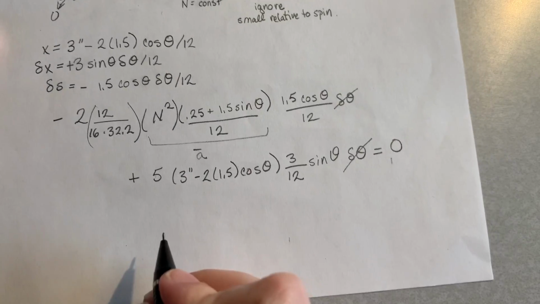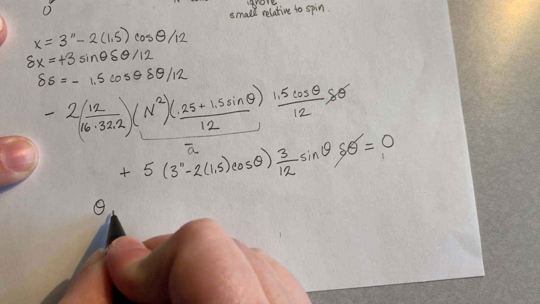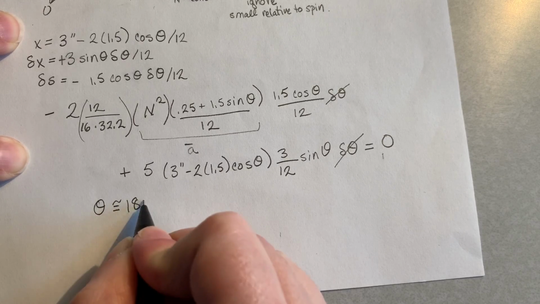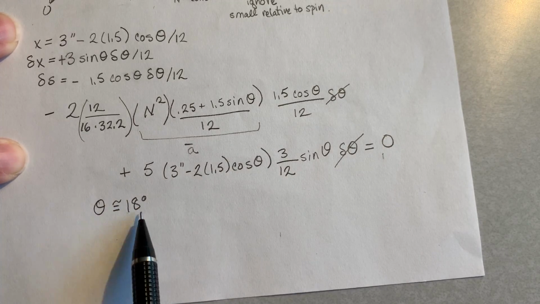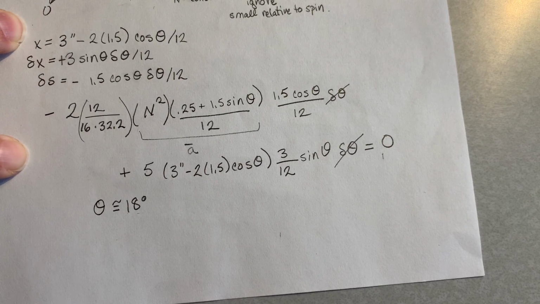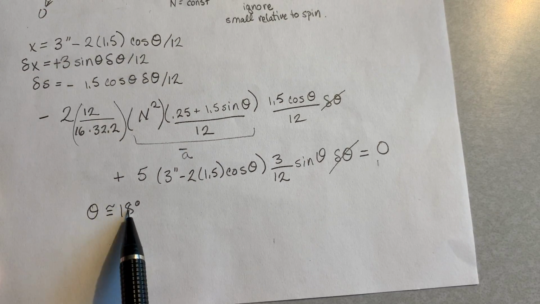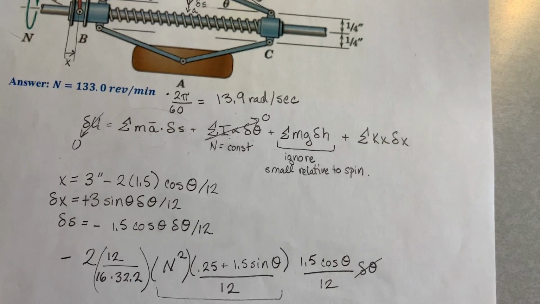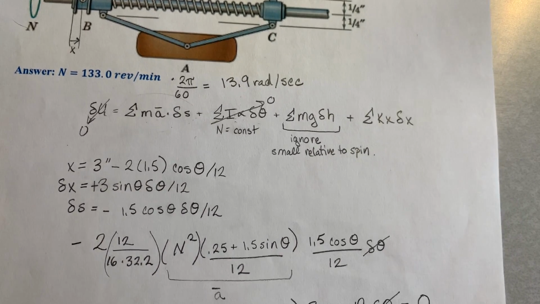For these values, theta equals about 18 degrees. And then when you solve this out, you will in fact get 13.9. Okay, good luck. Please feel free to ask me questions in the comments.